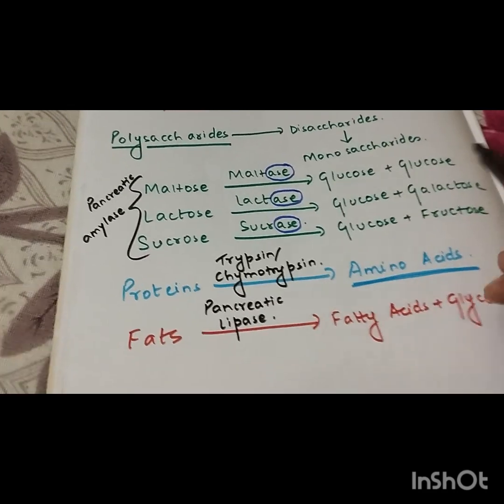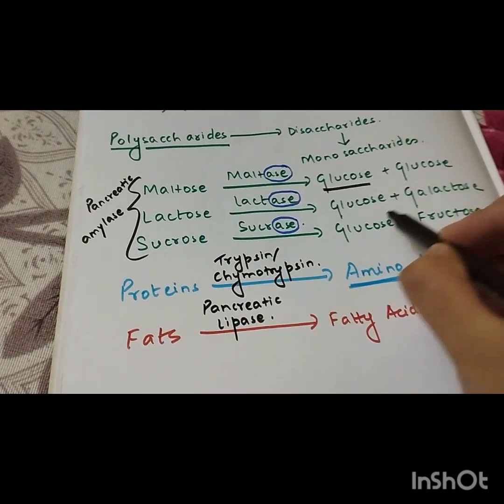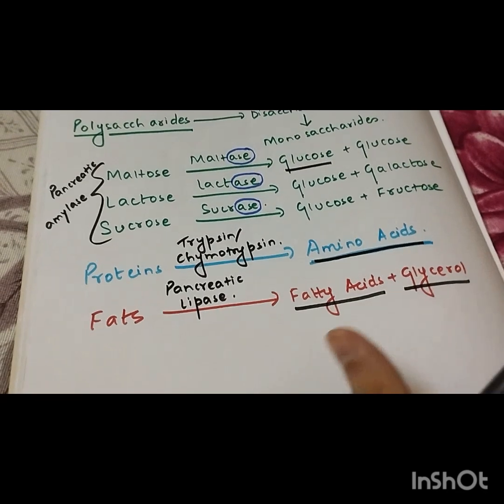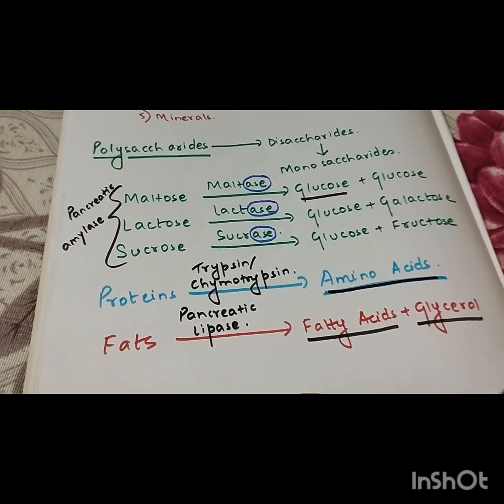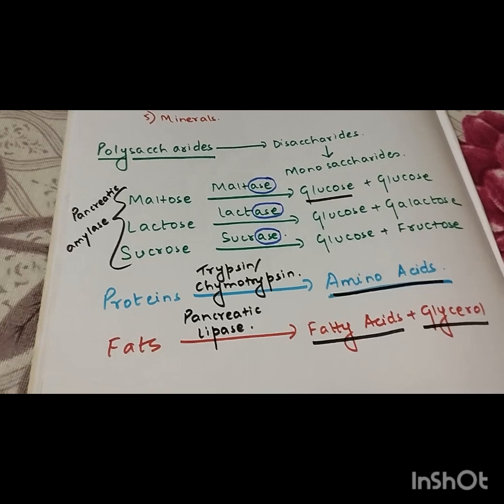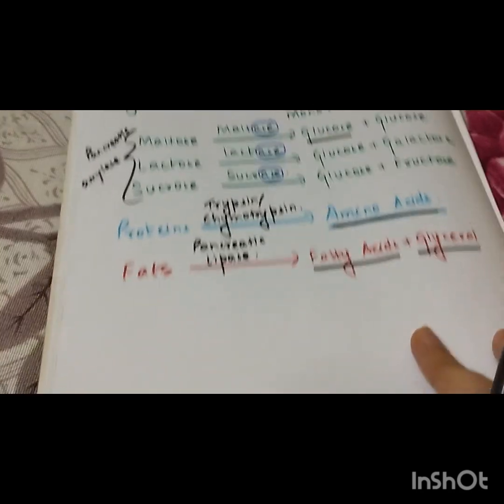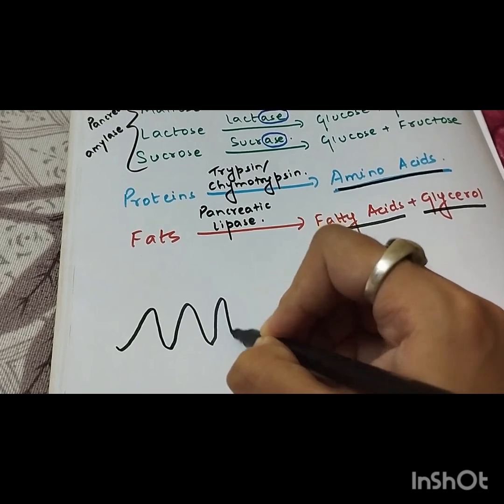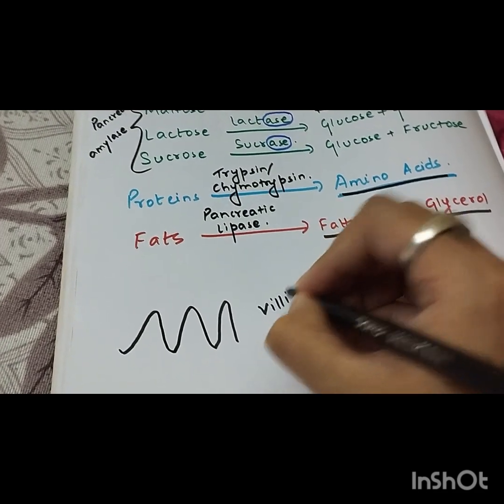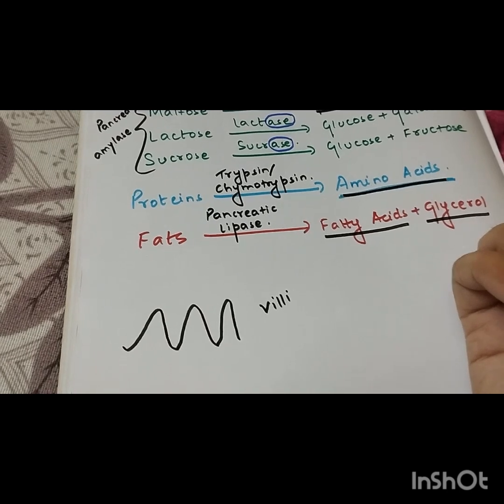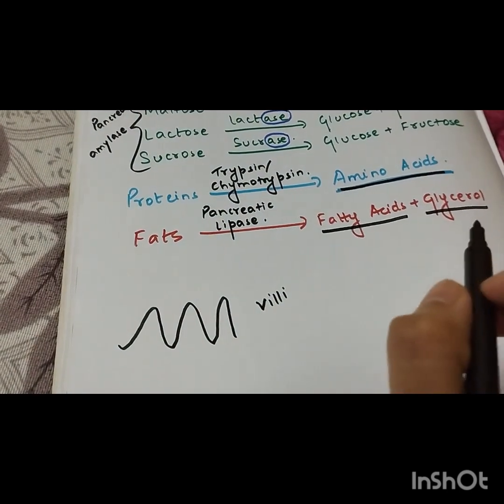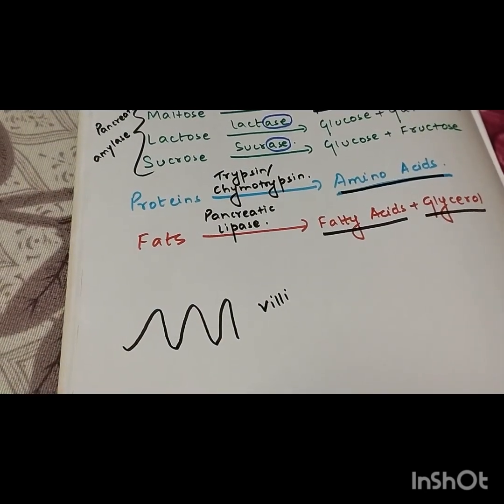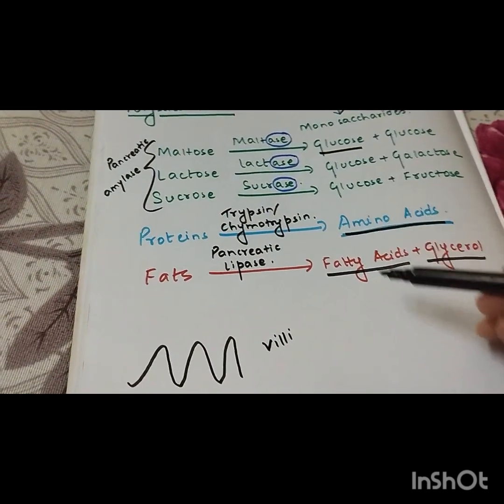So all these simpler forms, glucose, amino acids, fatty acids and glycerol, are absorbed inside the small intestine. Inside the small intestine, there are finger-like projections on the walls known as villi. They help in increasing the surface area of the small intestine so that it increases the rate of absorption of all these nutrients.